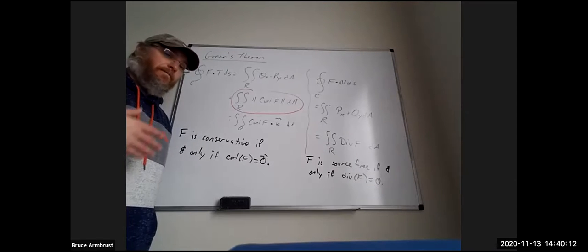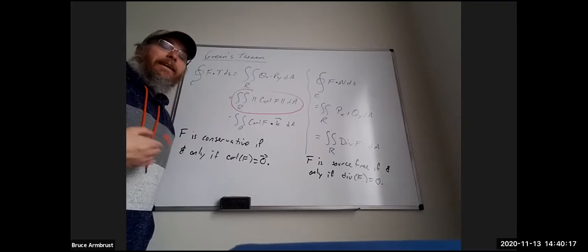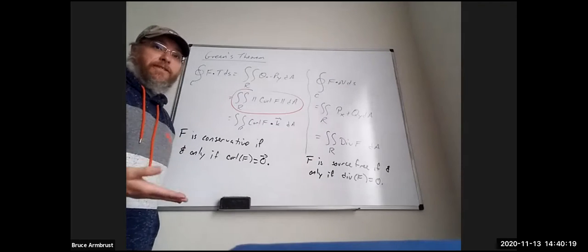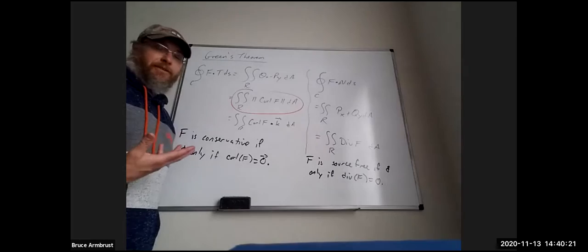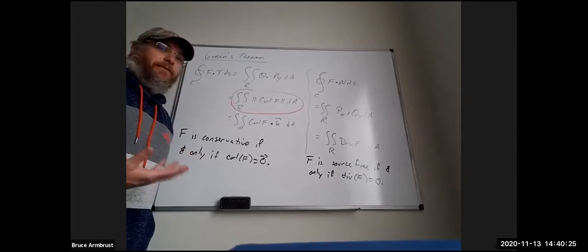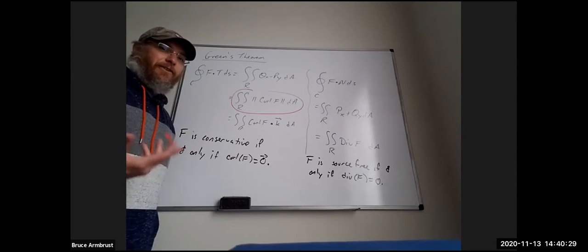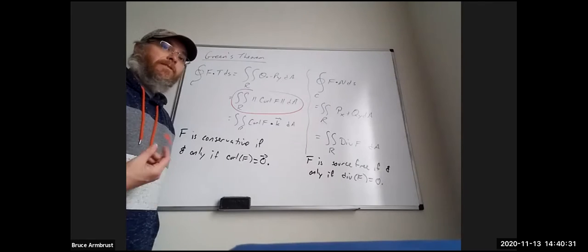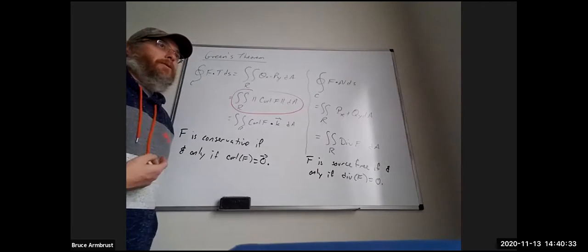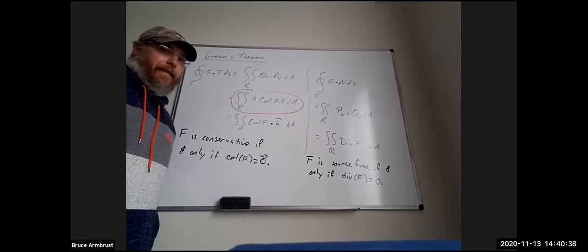Our plan for the next 2 weeks: I'm going to introduce you to surface integrals, which are the same idea, integrating but over a surface. And then we're going to develop some theorems that relate to those. I already hinted at a 3D version of Green's theorem, and so we'll talk about that, and then we'll see another theorem that ties it all together.